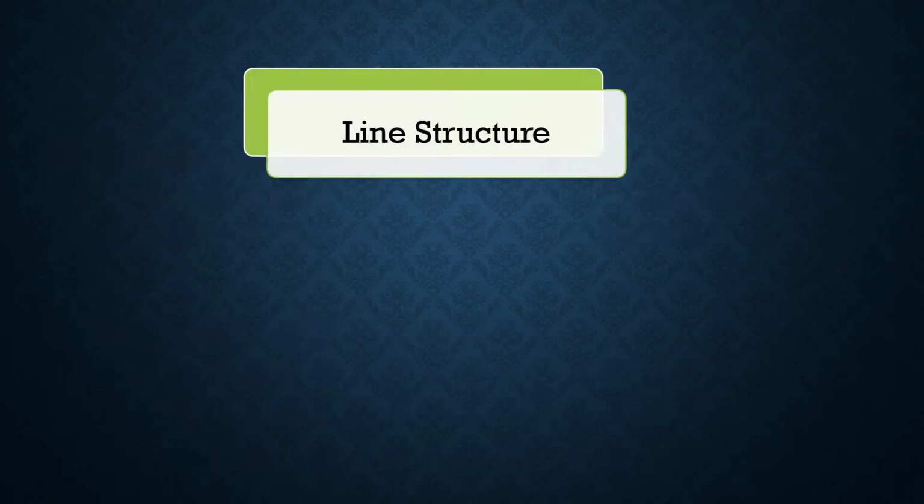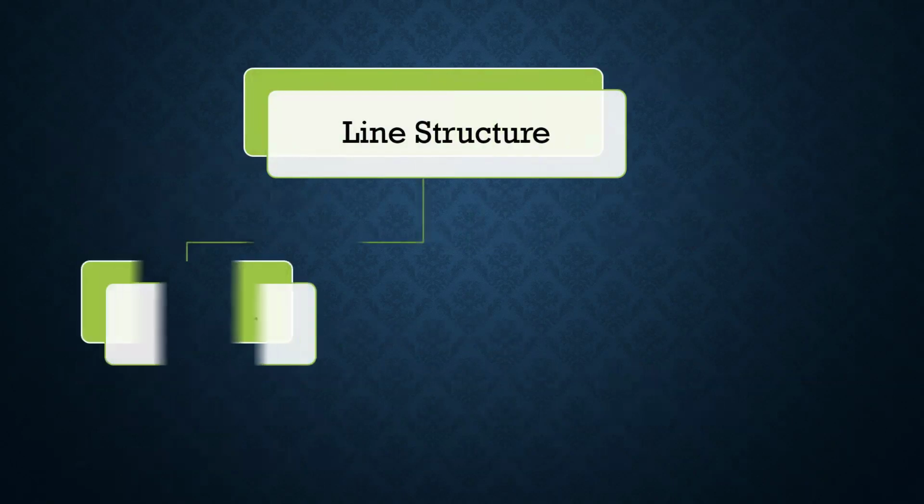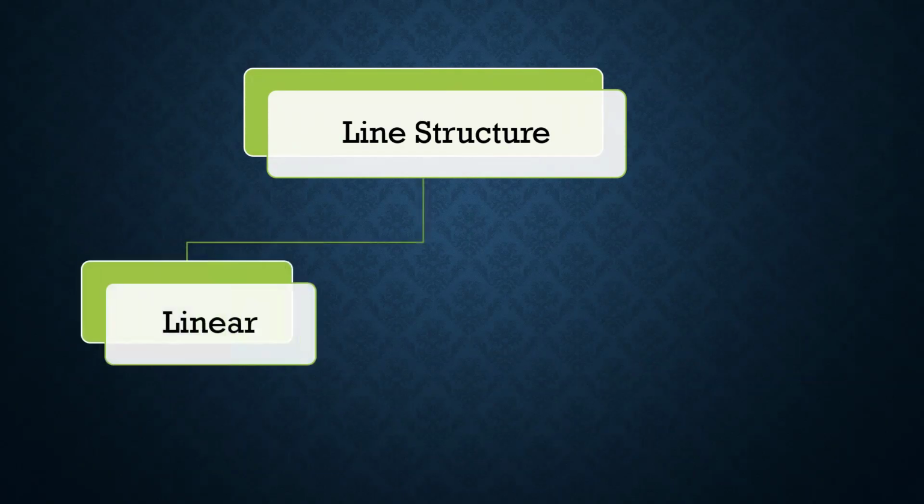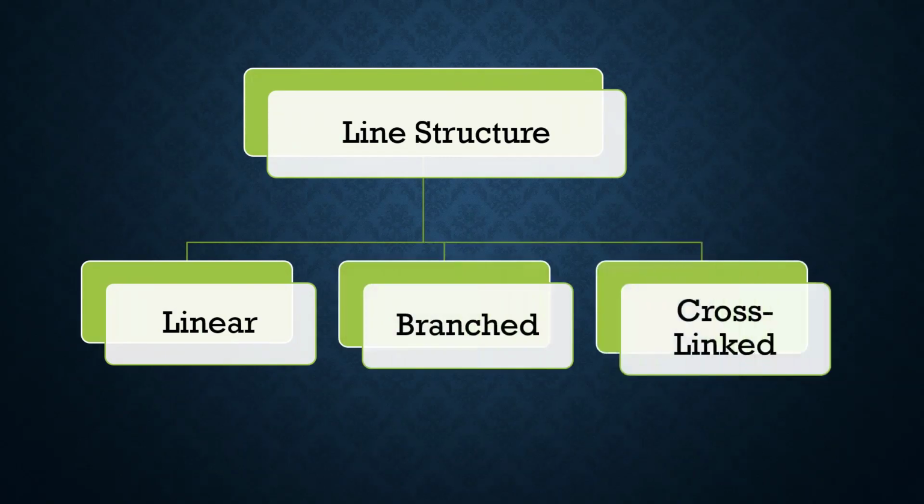Classification according to the line structure, the structure of the backbone of the polymer. It can be linear, branched, or cross-linked.